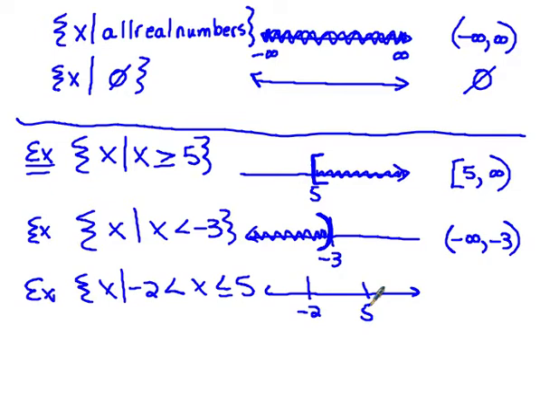Okay, so it's between negative 2 and 5, so we've got that shaded. And since negative 2 is strictly less than, the negative 2 is going to get a parentheses. And the 5 is less than or equal to, so it's going to get a bracket. So my interval notation would be from negative 2 to 5. And negative 2 gets a parentheses, and 5 gets a bracket.